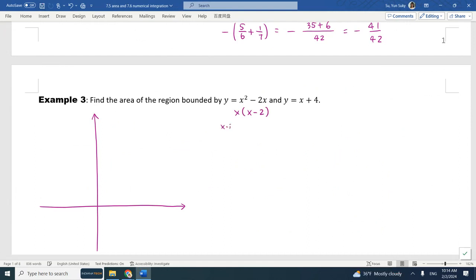So we know the x-intercepts are 0 and 2. Yes, everybody? That's the x-intercepts. And let's plug in 1. If we plug in 1, we get what? 1 squared minus 2 is negative 1. So this is a parabola like that.